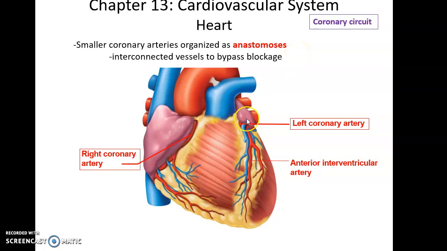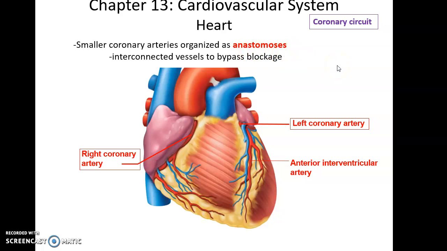All right, the right and left coronary arteries branch many times into other arteries, such as the anterior interventricular artery, the posterior interventricular artery, and so on. They branch, get smaller and smaller, and finally branch into these networks of blood vessels called anastomoses.